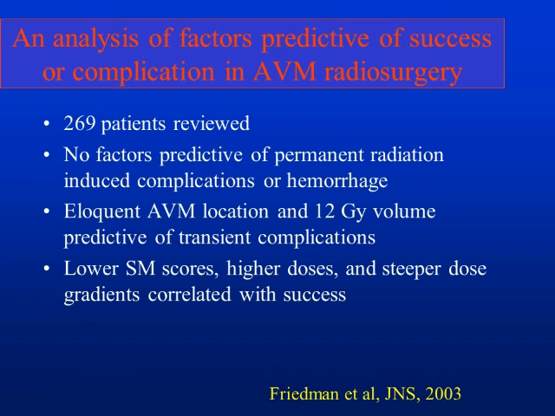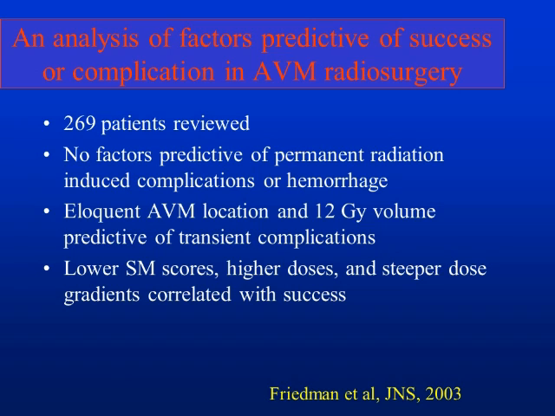Modestly, we call it the UF index. When we reviewed the 269 patients in that group, there were no factors that were predictive of permanent radiation-induced complications. The reason for that is that the complication rate is very low, so we'd have to treat a lot of patients to come up with some statistical factors.